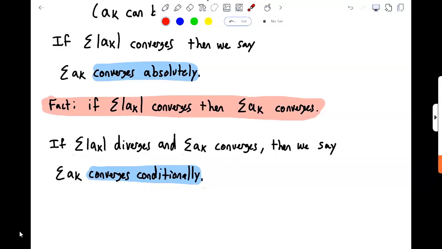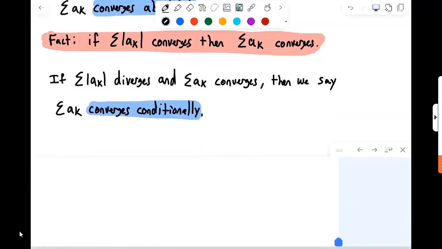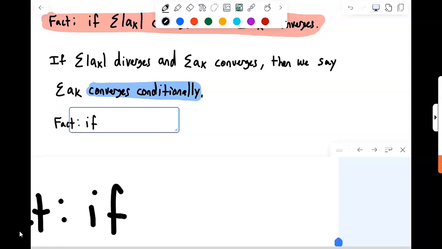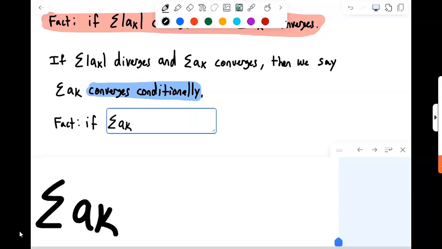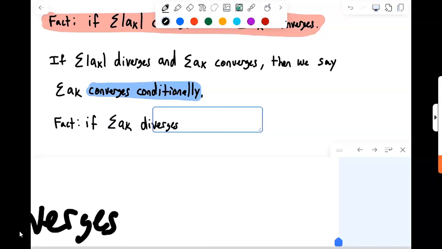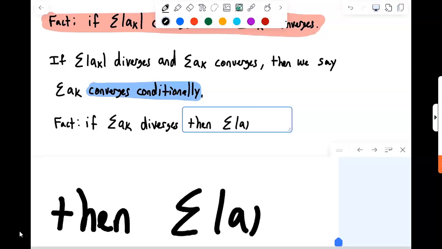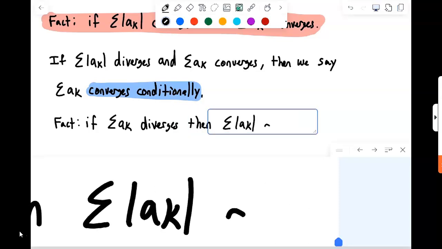Now, there's one further fact that we can throw in here. That is, if the sum of the a_k sequence, where we again are allowing positive and negative terms, diverges, then by necessity, the other thing has to also diverge.